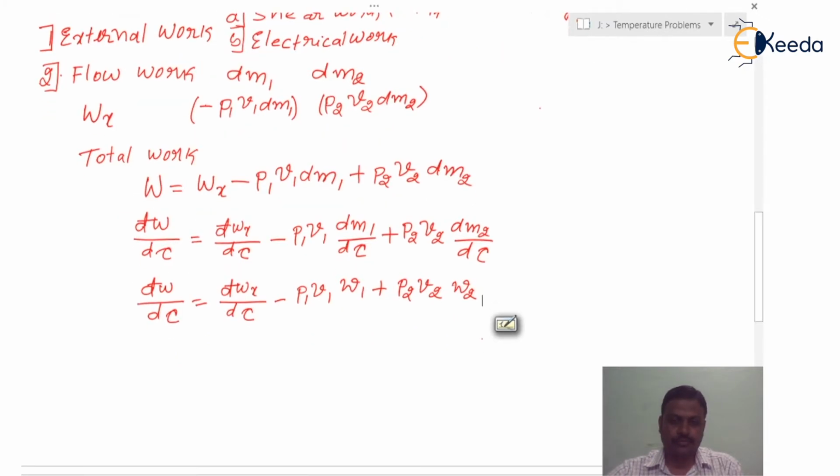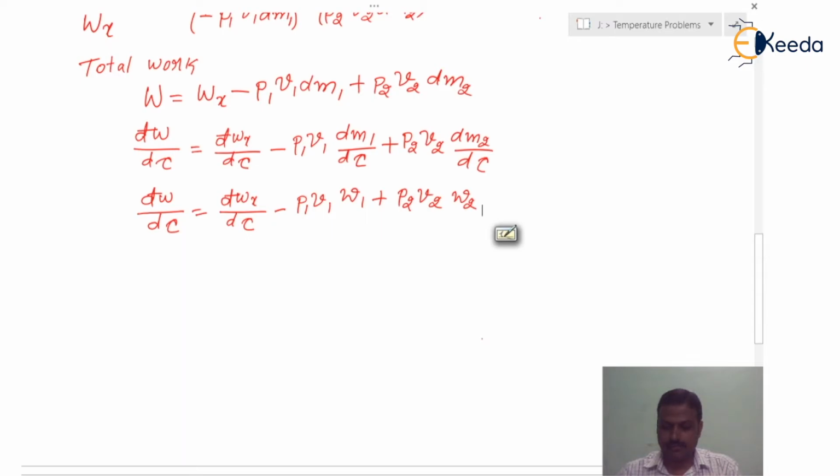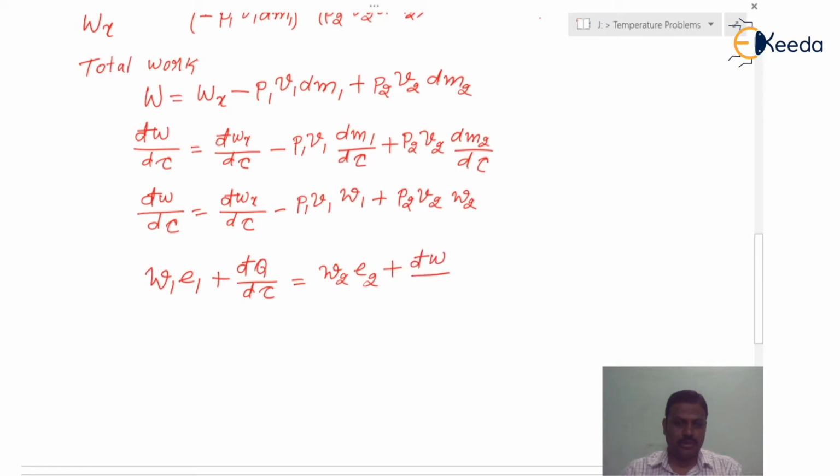So that can be written as w1 E1 plus dq divided by d tau is equal to w2 E2 plus dW divided by d tau.